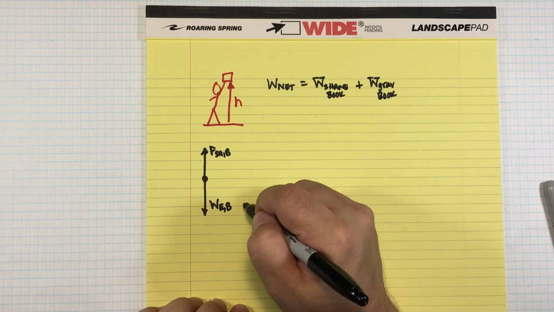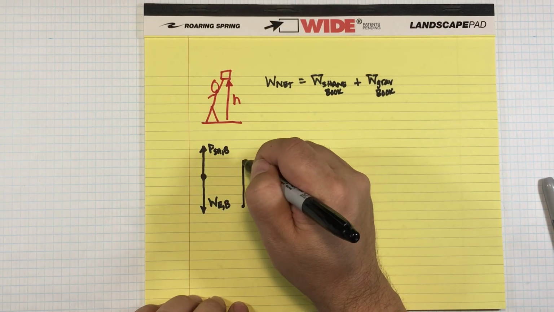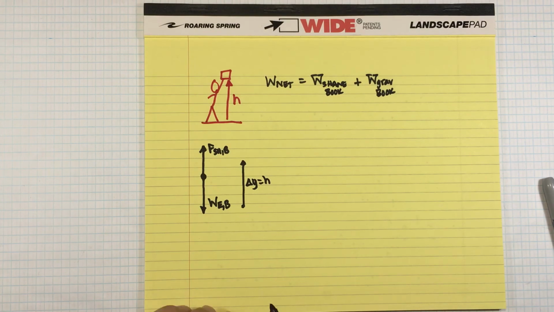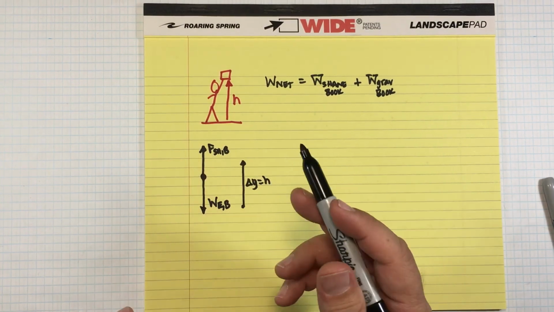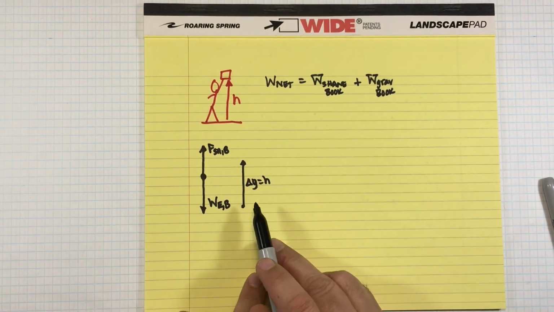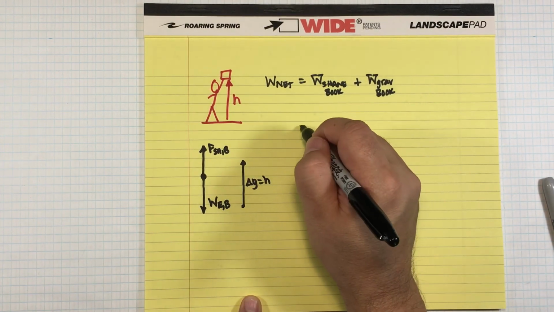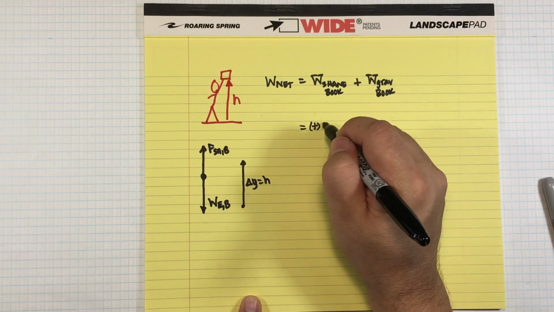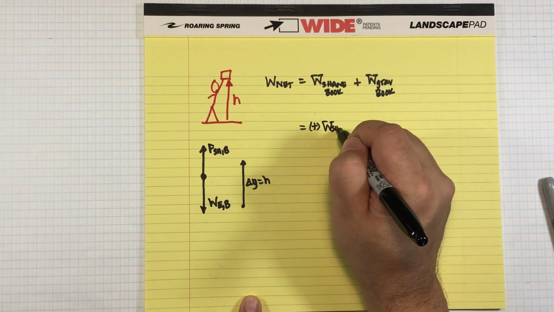In the diagram here, we show that the overall displacement, delta y, is this height h. So the angle between the force of me lifting the book up and the displacement is 0. So the work done by me is positive. This is the work done by me lifting the book.